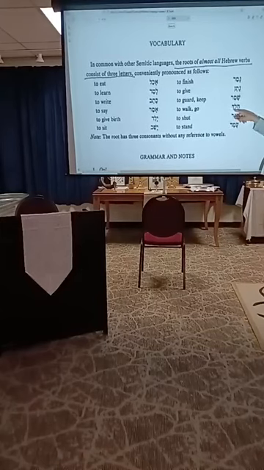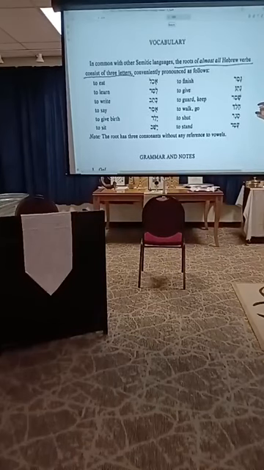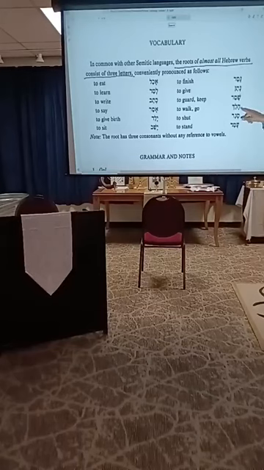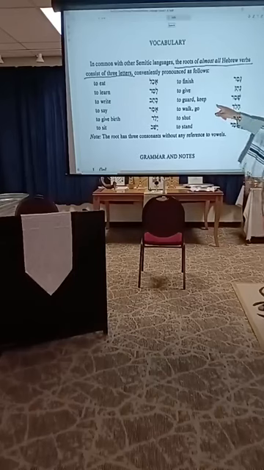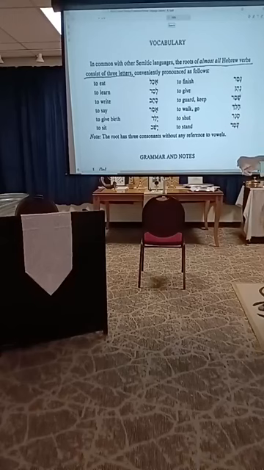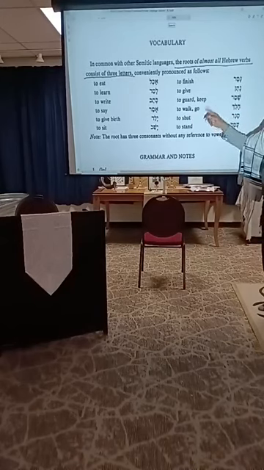This here is the final kaf. See how the line goes down like that? When it extends like that, that means it's a final letter. The kaf looks like this. So it would be halak. Halak, which means to walk or to go.